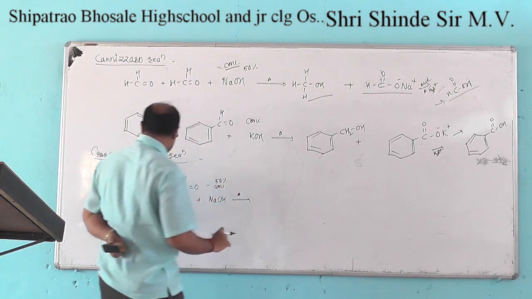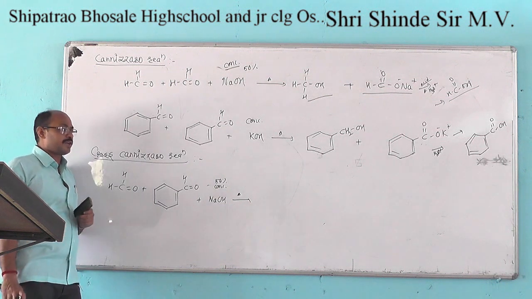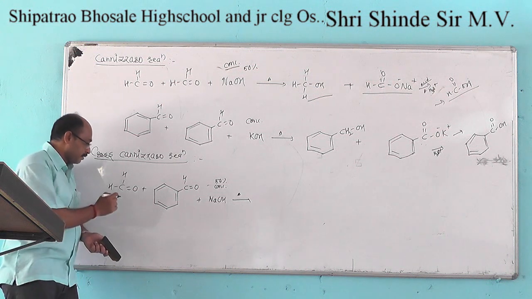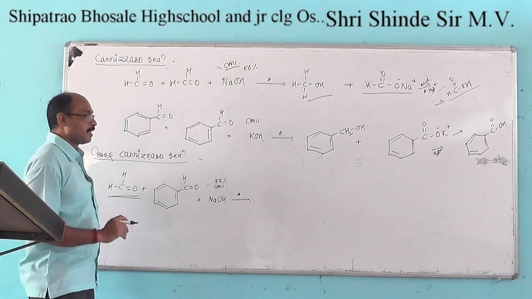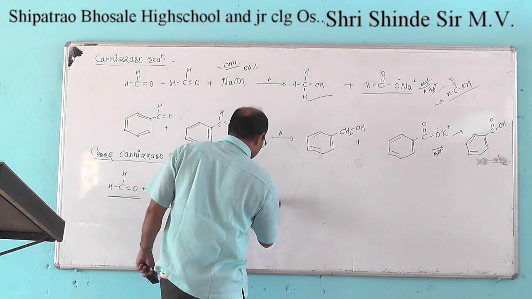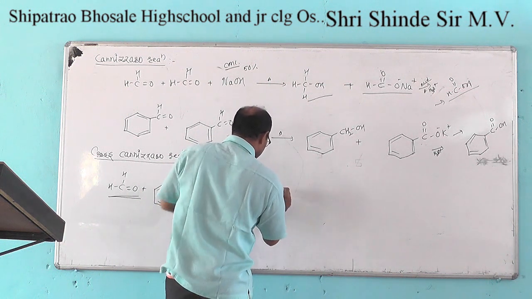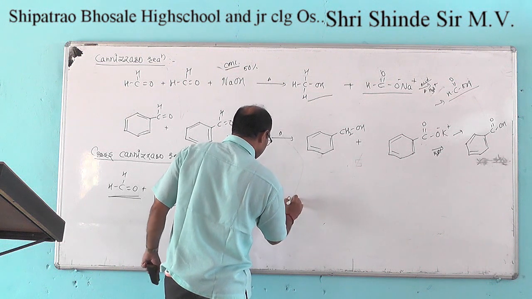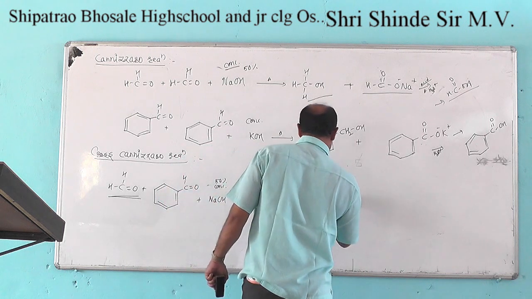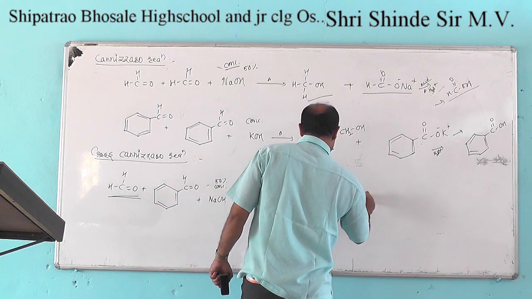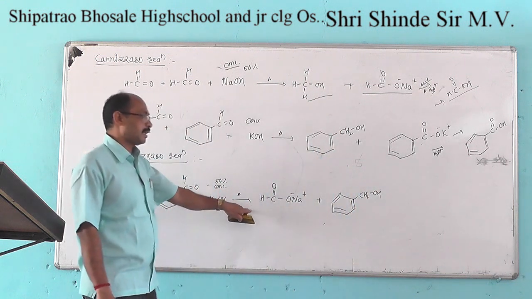One molecule is converted to the corresponding salt of the acid and another molecule is converted to the corresponding alcohol. If one of the two aldehydes is formaldehyde, then it must be converted to the sodium salt of formic acid, and the other is converted to benzyl alcohol.